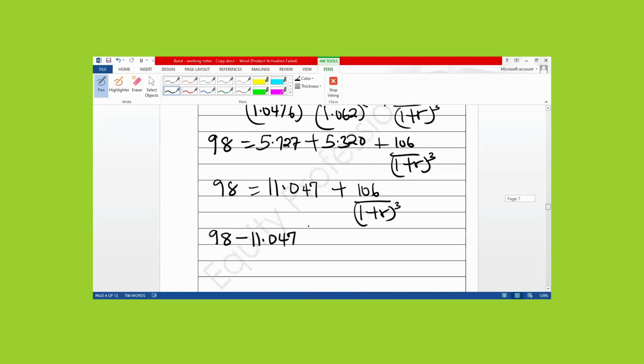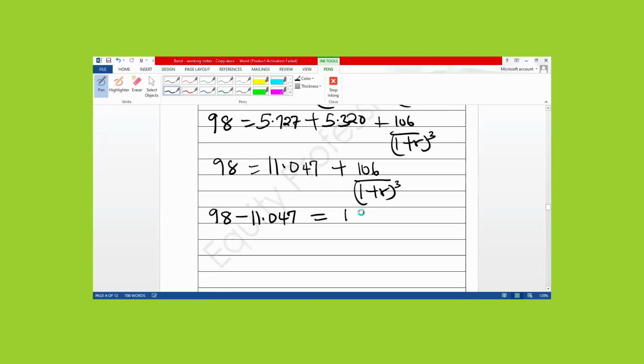All right. 106 over 1 plus r raised to power 3. 98 minus 11.047 is 86.953. So 86.953 equals 106 over 1 plus r raised to power 3.